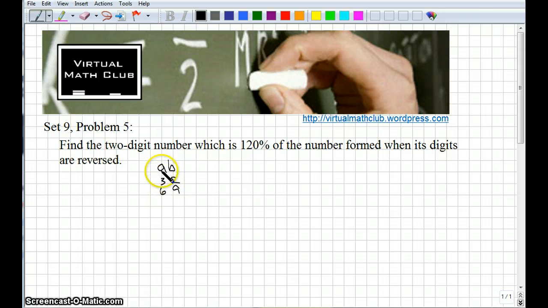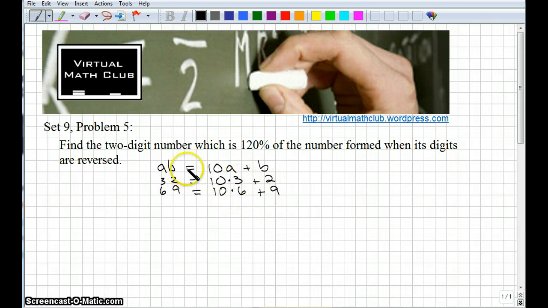In this case, for 32, the first digit A would be 3 and B would be 2, and we can write that as 10 times A plus B. Just like if we were to write this in expanded notation, we'd get 10 times 3 plus 2. And if we write 69 in expanded notation, we would get 10 times 6 plus 9.